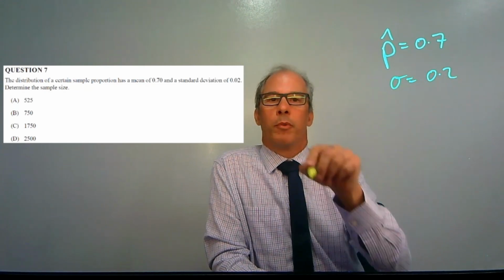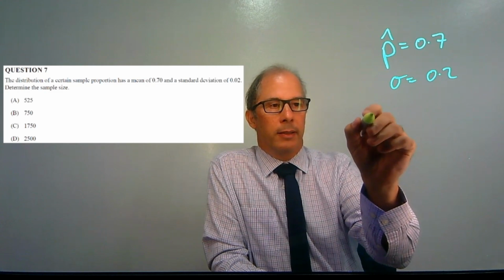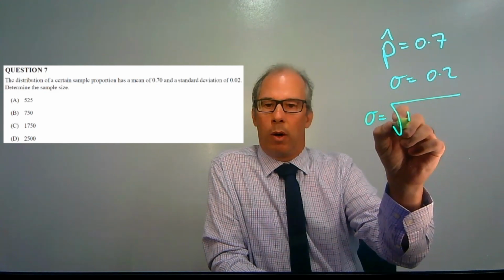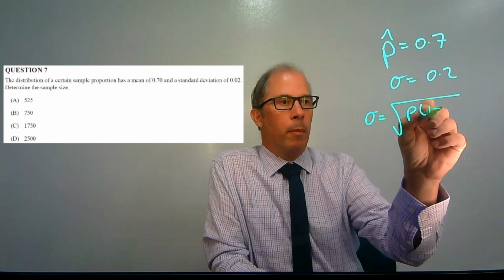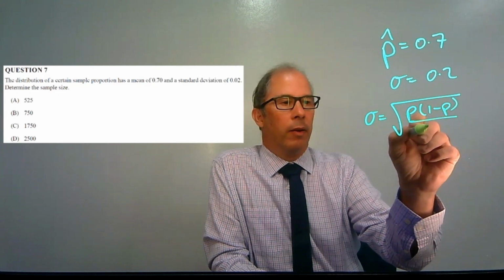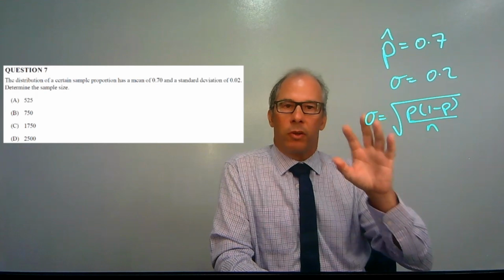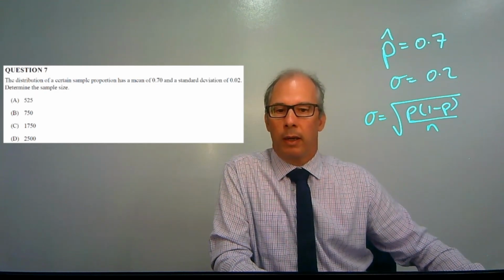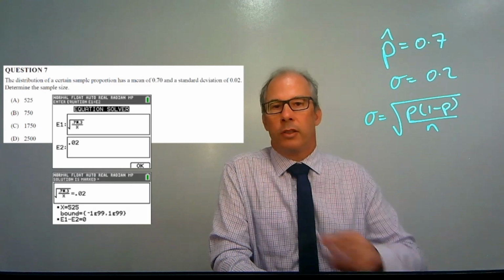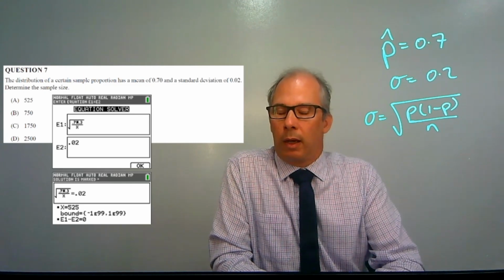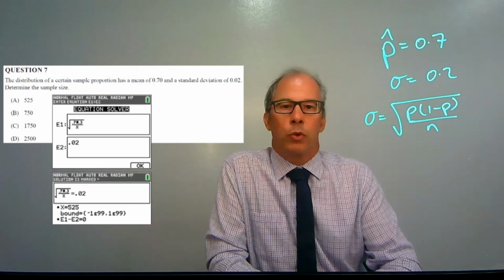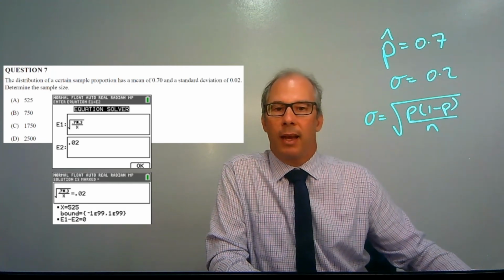You should know from your formula sheet that the standard deviation is equal to the square root of p outside of 1 minus p over n. That's on your formula sheet, and then you can use your calculator. In this case, just using equation solver, I get a value of x equals 525, which is answer A.